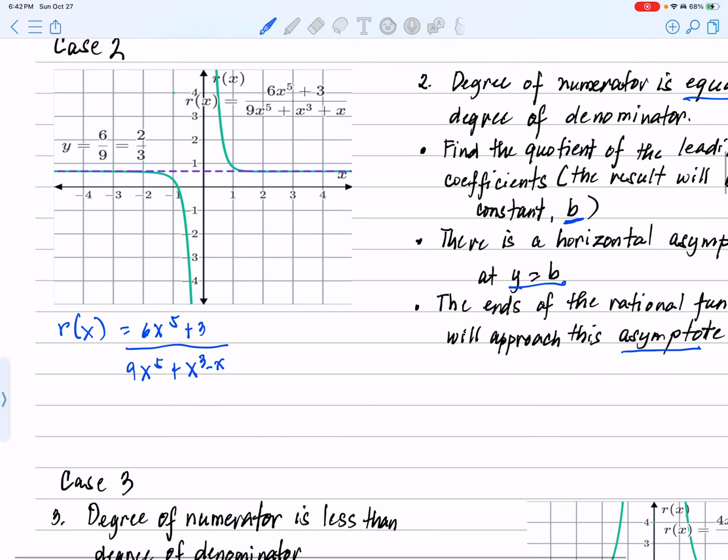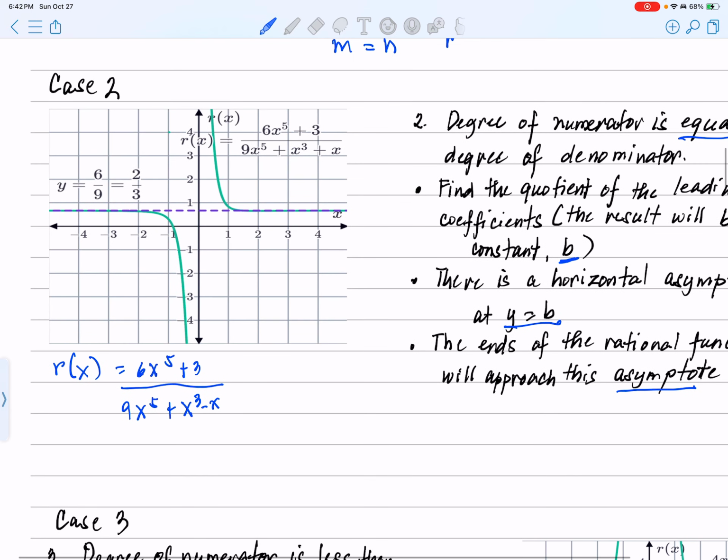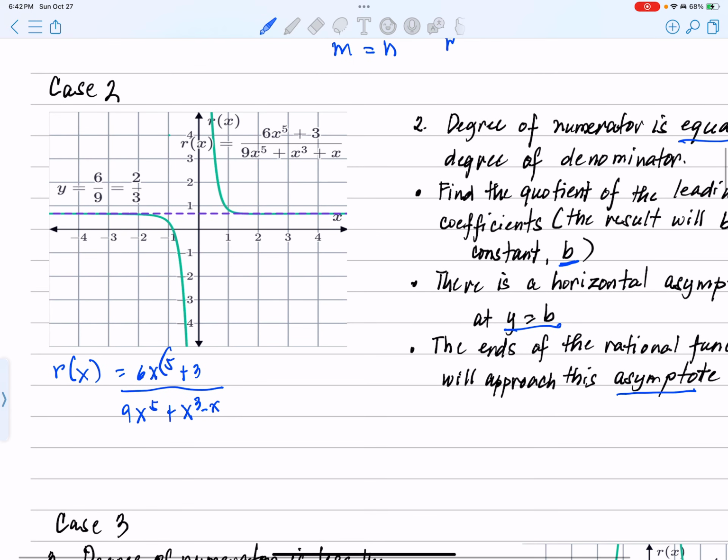Let's look at the degree. Our degree in the numerator is 5 and in the denominator is 5. That means 5 equals 5, m equals n.